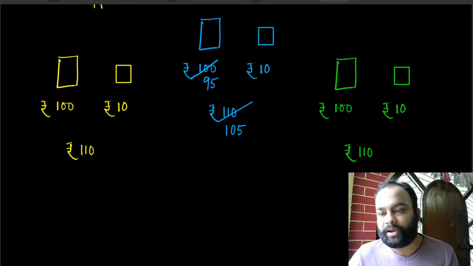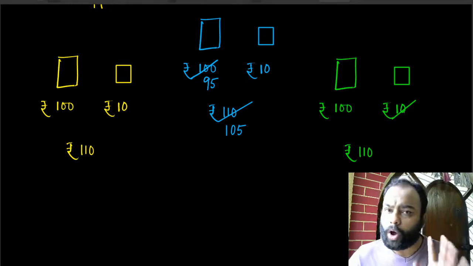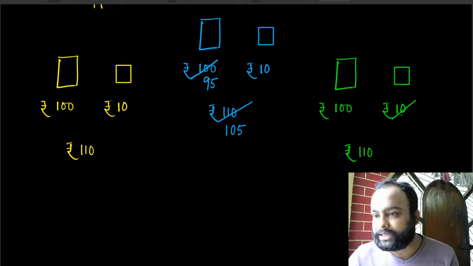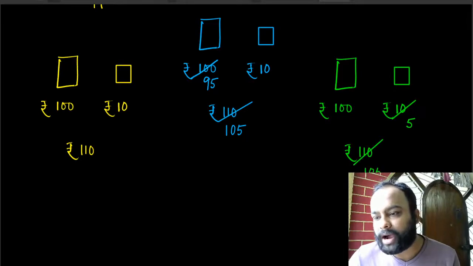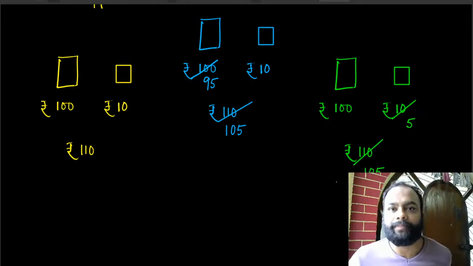And on the item that is sold for 10 rupees, this shop is giving you a discount of 5 rupees, so instead of 10 rupees they are selling it for 5 rupees, so that once again you pay a total of 105 instead of 110.